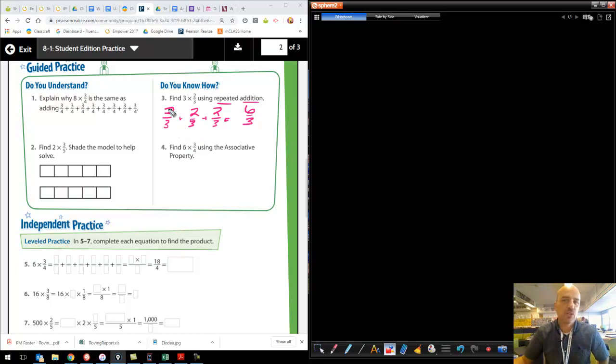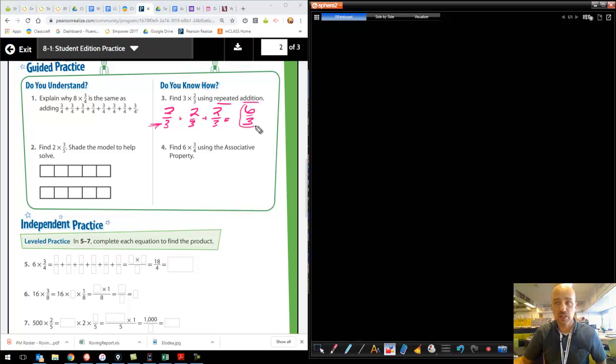Remember, the denominator is just expressing the size of the piece, nothing more. 2 footballs plus 2 footballs plus 2 footballs equals 6 footballs, right? 2 puppies and 2 puppies and 2 puppies is 6 puppies. 2 candy bars and 2 candy bars and 2 candy bars is 6 candy bars, okay? 2/3 and 2/3 and 2/3 is 6/3. Easy enough. So 6/3.